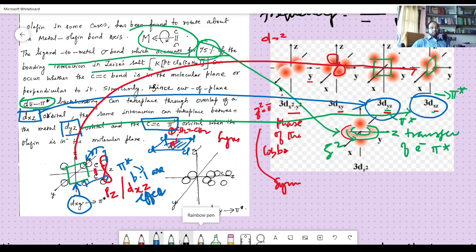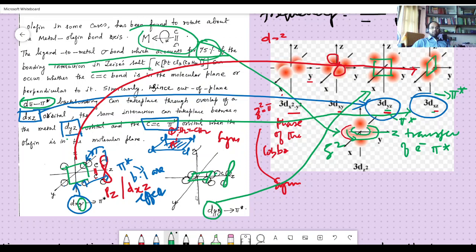Likewise, you've got a similar dyz there. You can see this one is dyz. Actually, it is written in a reverse manner, but anyway, the way you view it is this. When you put dyz like this, you can see that the z orbital is parallel to it. Here dz is parallel to this dxz orbital.